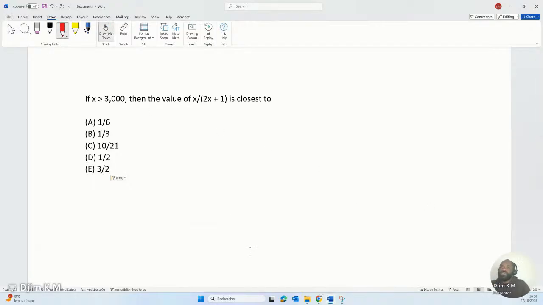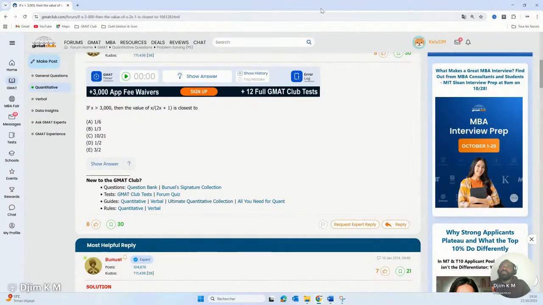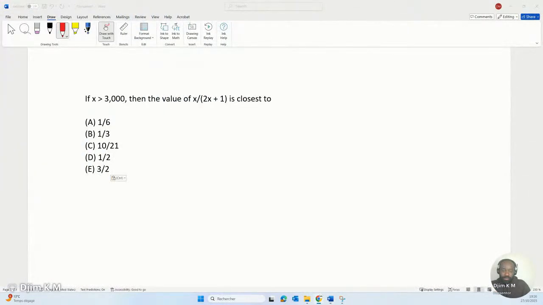This is our next question. So if x is greater than 3000, then the value of x over 2x plus 1 is closest to which of the following?